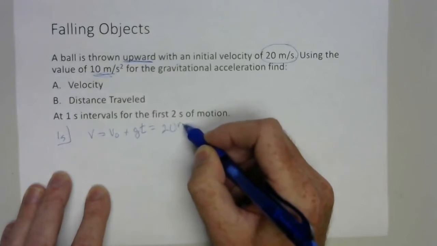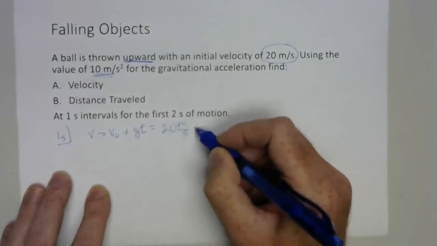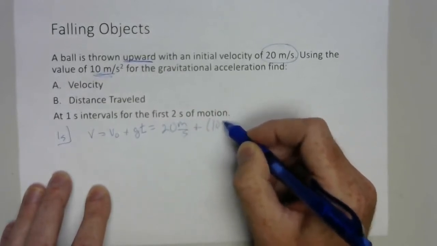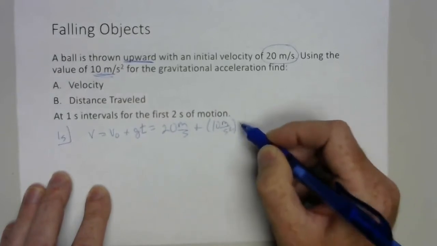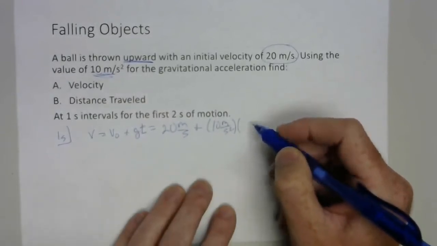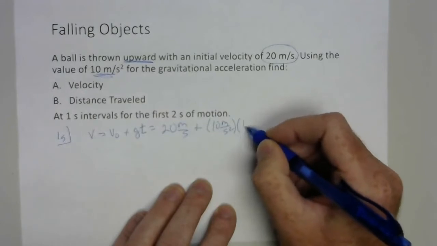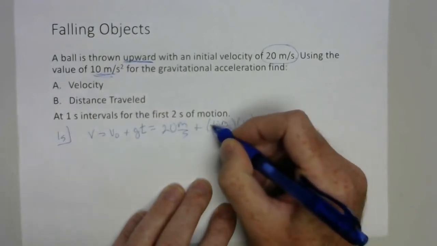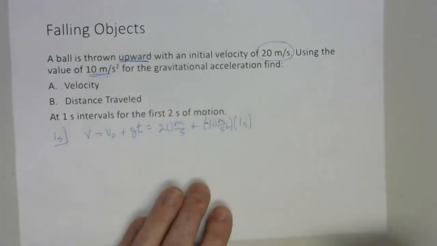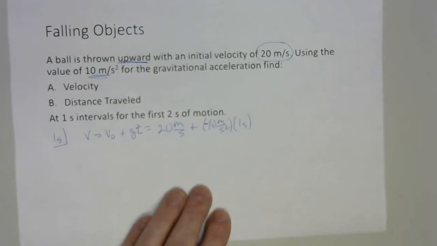So 20 meters per second plus 10 meters per second squared and 1 second. But the difference is we have to make this 10 meters per second squared negative because we're operating in opposite directions.